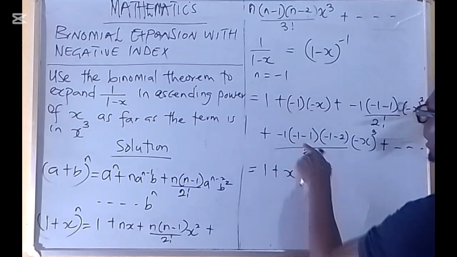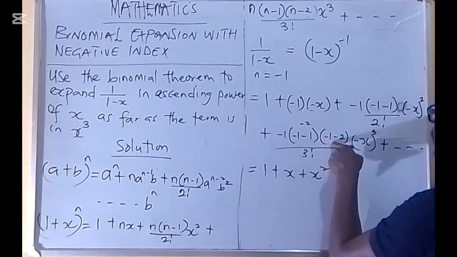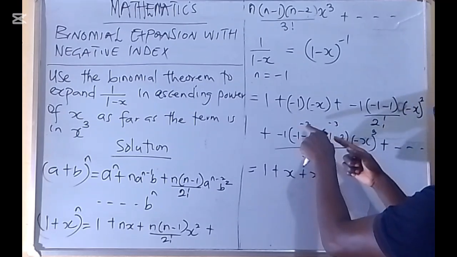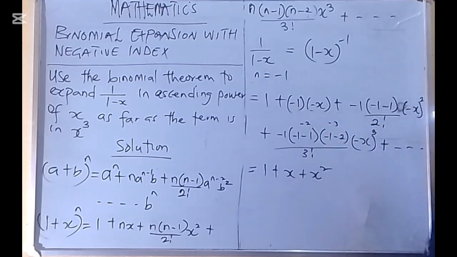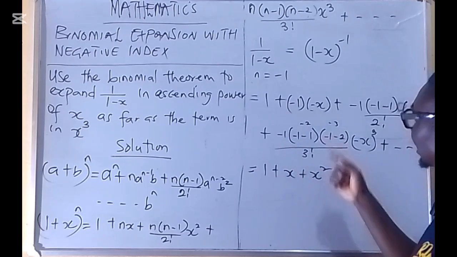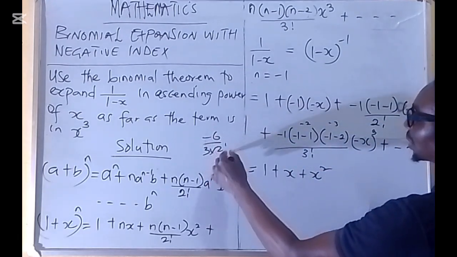To simplify this here, minus 1 minus 1 is minus 2. Minus 2 minus 1 is minus 3. So minus 1, minus 2 times minus 3 is 6. 6 times minus 1 is minus 6. Minus 6 over 3 factorial, which is 3 times 2 factorial.